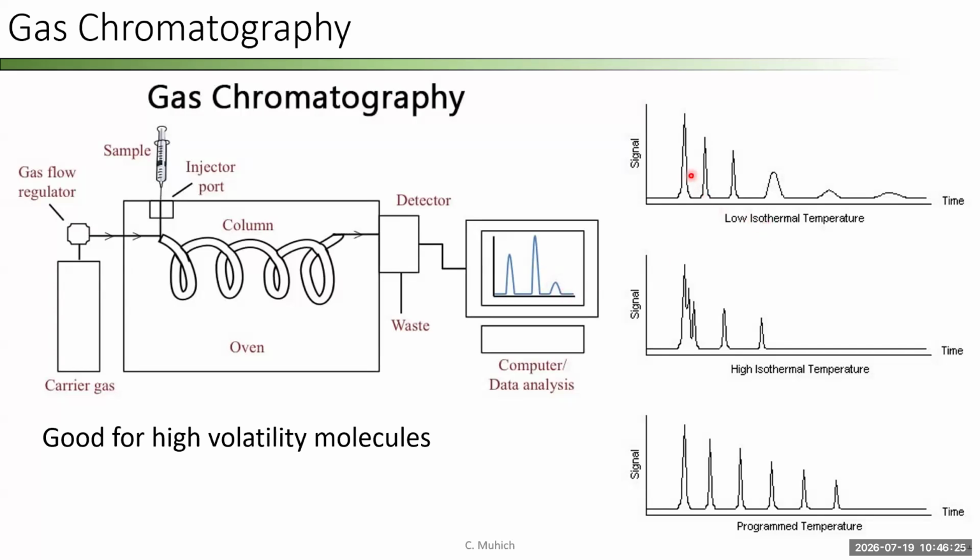Here's a low temperature configuration of our gas chromatograph. In this example, there's 1, 2, 3, 4, 5, 6 different molecules that this chromatogram has identified. If I run at a higher temperature, the peaks are going to come through faster, but they get crowded.